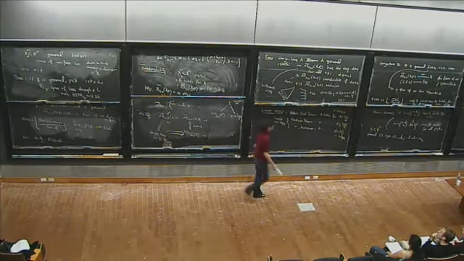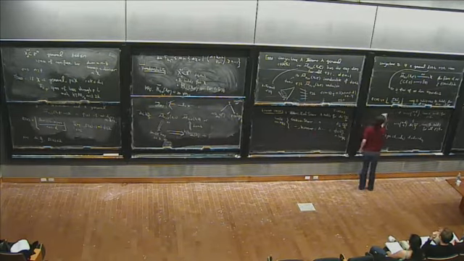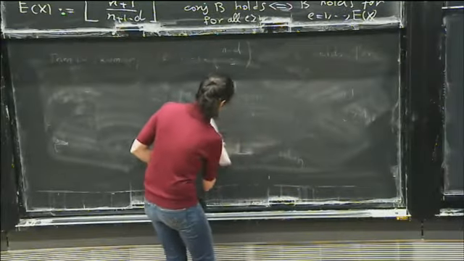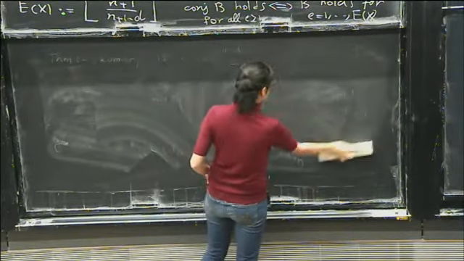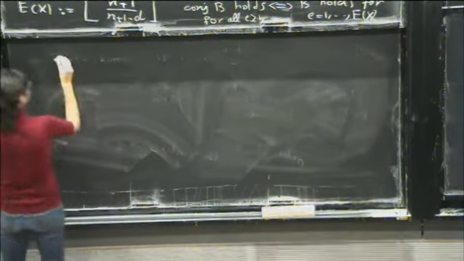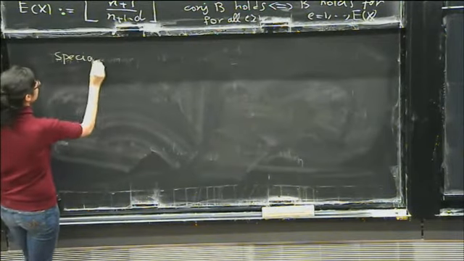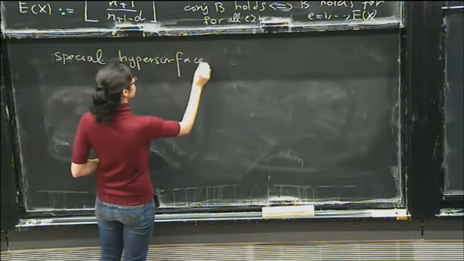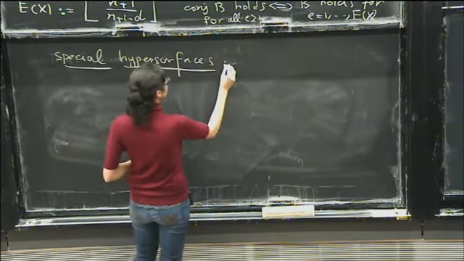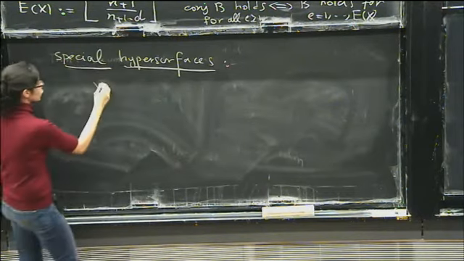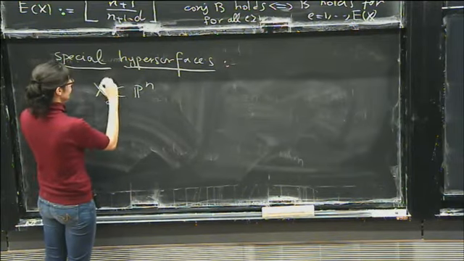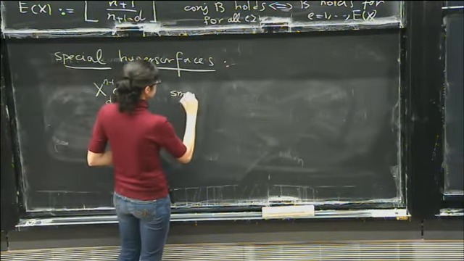Now, what happens if I have a special hypersurface and we look at the space of smooth curves on X. So X is a hypersurface of degree d in P^n, and this is just smooth, not necessarily general.